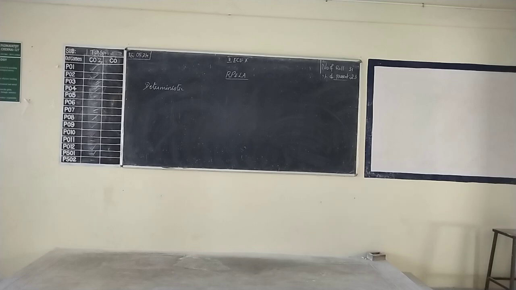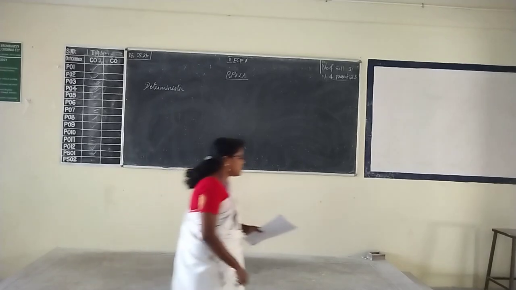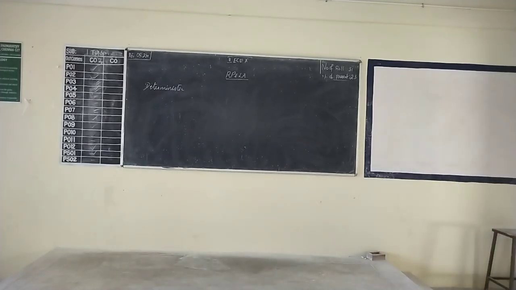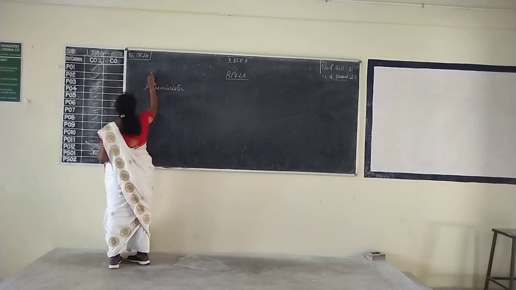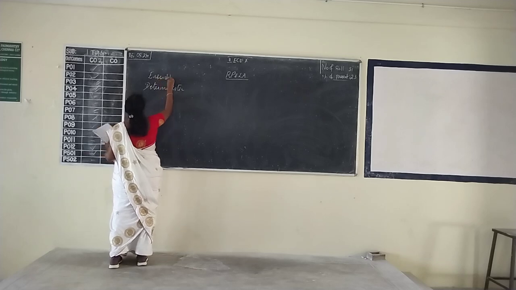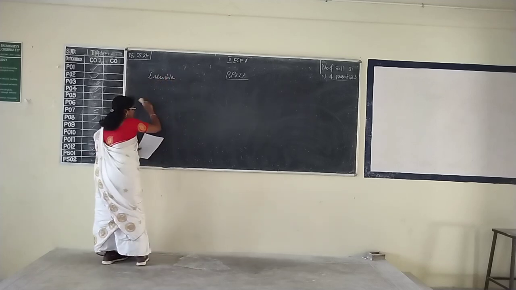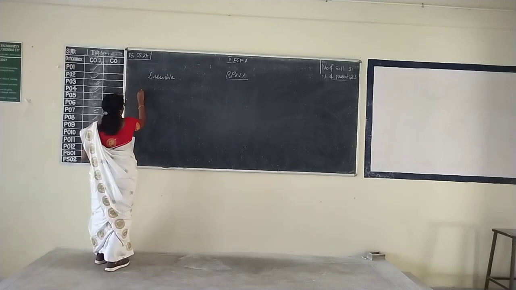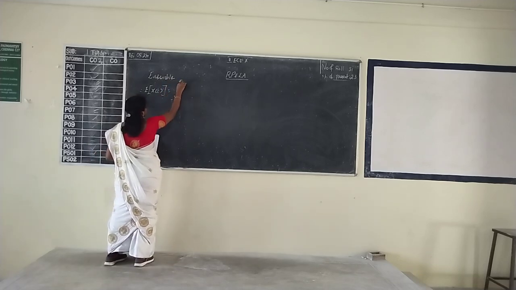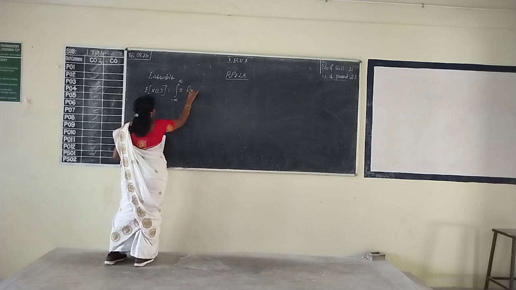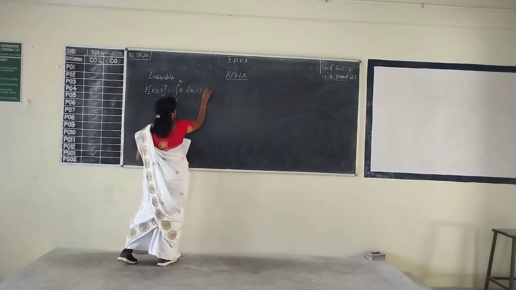First formula: mean or statistical average or ensemble average, the integral of x into f of x comma t into dx.